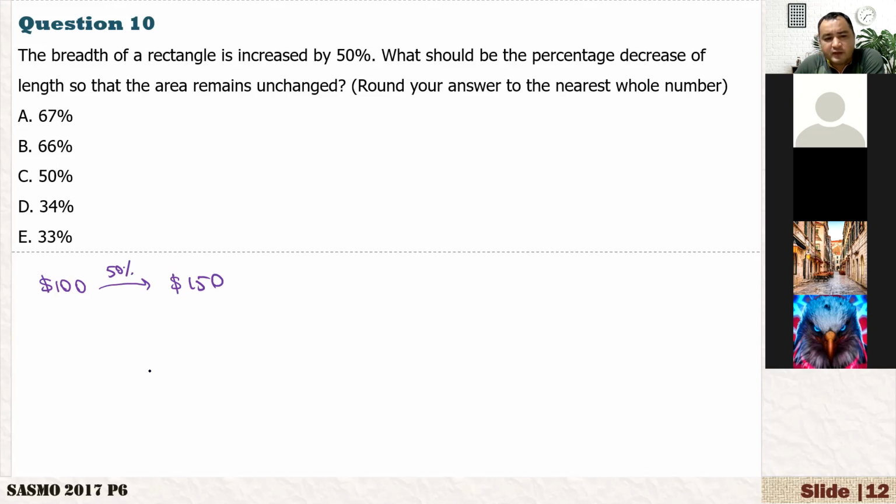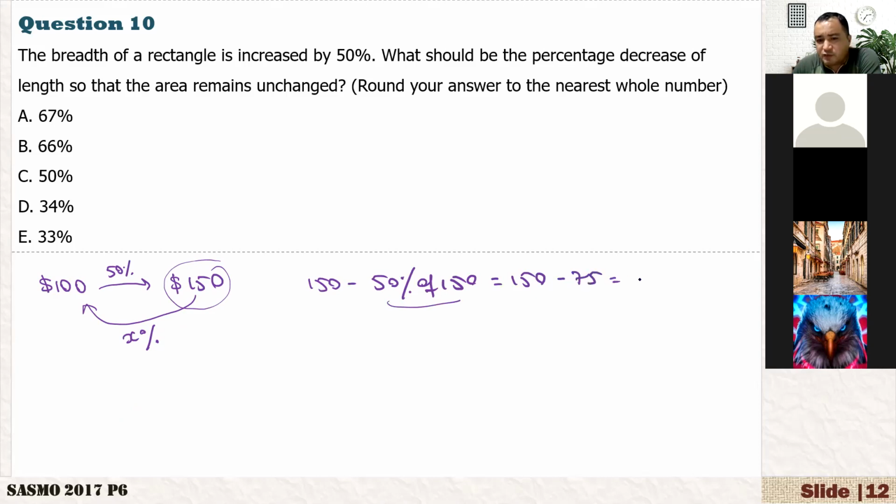Yes. So now the question is, if I want to get $100 back, by what percentage do I have to decrease? But if you decrease it by 50%, 150 minus 50% of 150, what is it? It is 75.